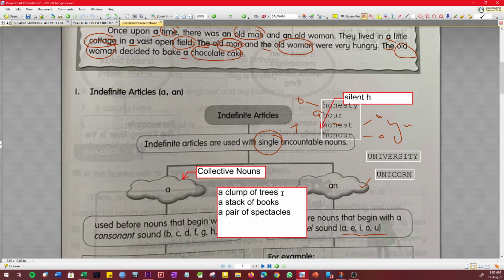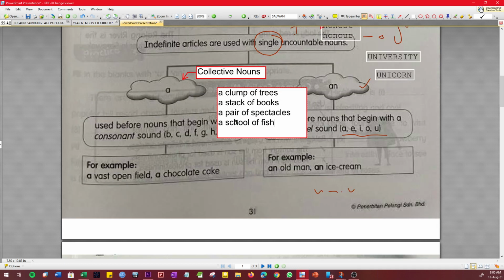So, a clump of trees, a stack of books, a pair of spectacles. What about fish? A school of fishes. Fish. Okay, sebenarnya dua-dua boleh guna fish ataupun fishes. Tapi selalunya kita guna fish.